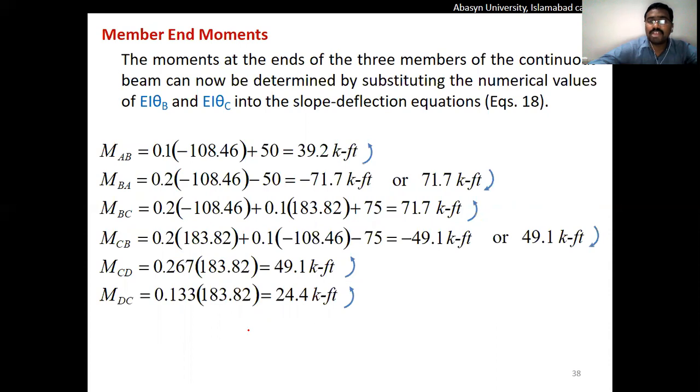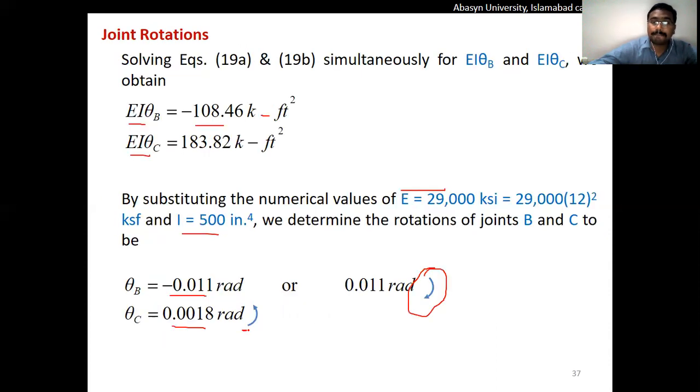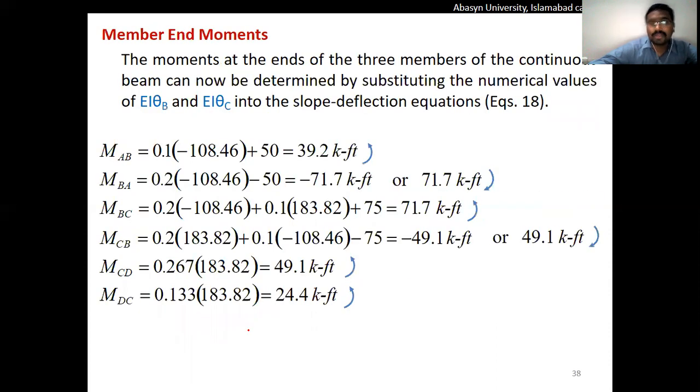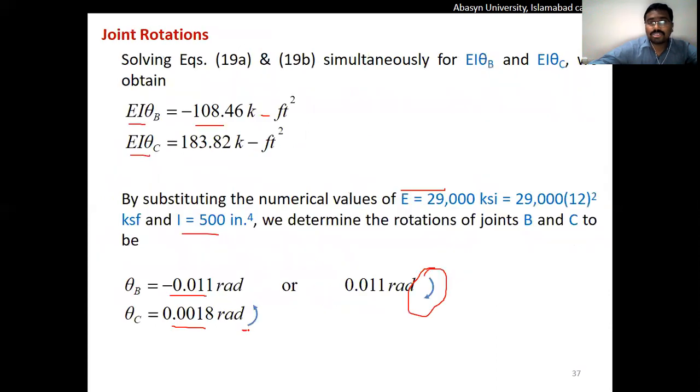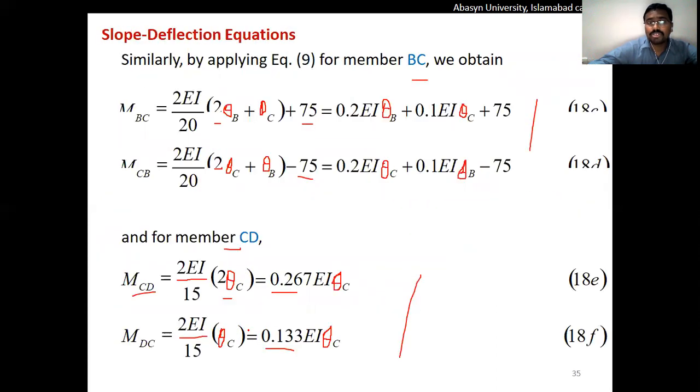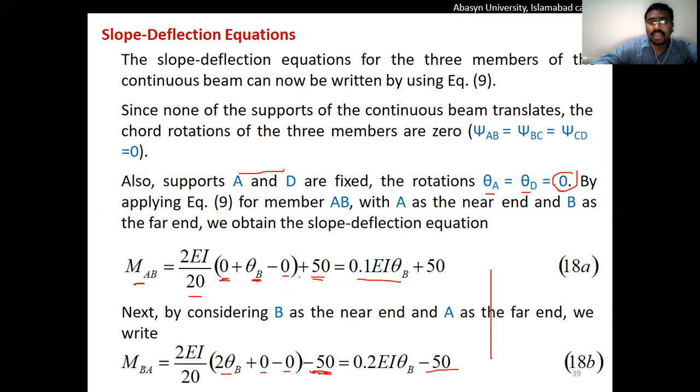Once we have the values of theta B and theta C, we simply plug them into the equations that we formulated using the slope deflection equation. Once we put in the value of theta B, we will find the moment at point A, MAB.